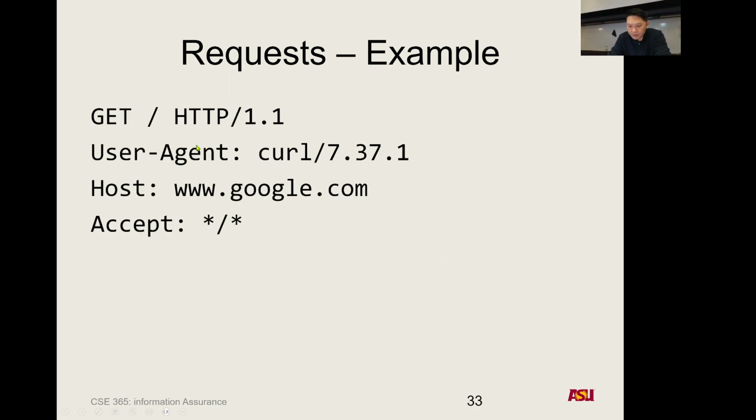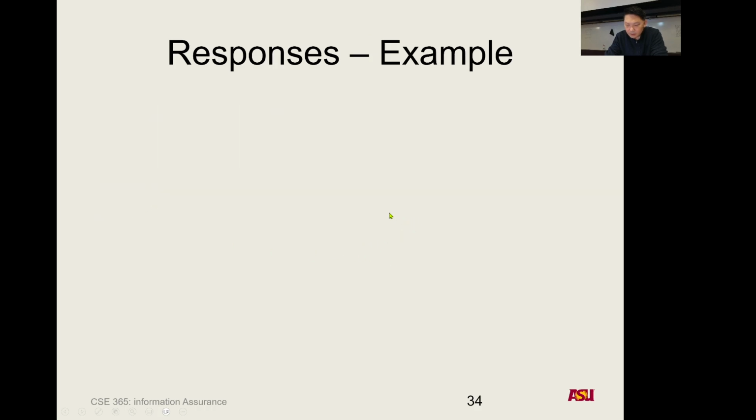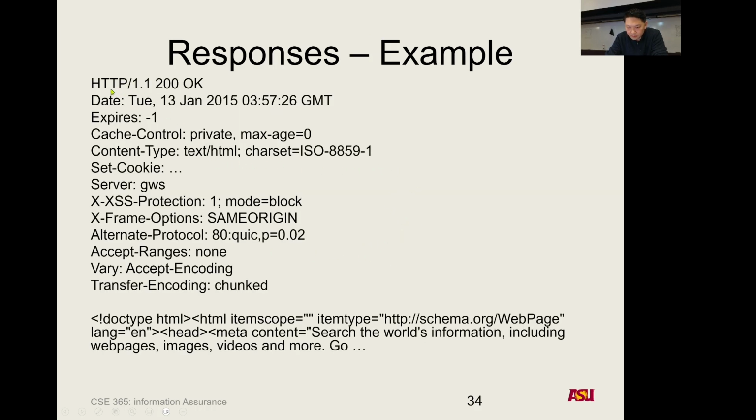So the example of a request: GET is the method, then the resource URI, and the version. This is the header information, right? User agent, host, accept. In the response, this is the status line, this is the header information, the empty line, and this is the body.